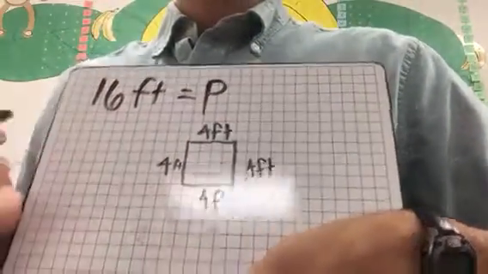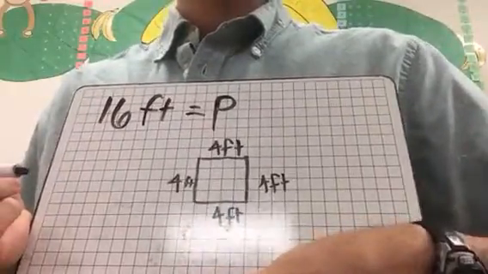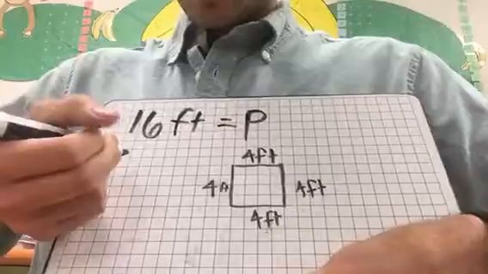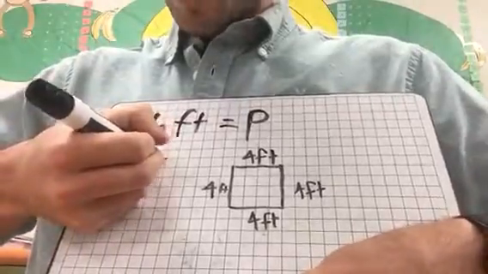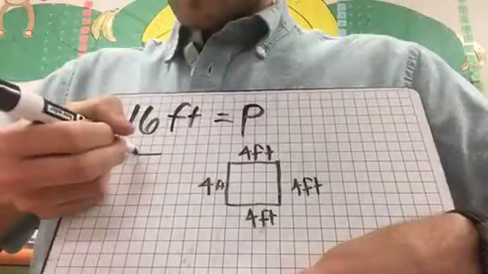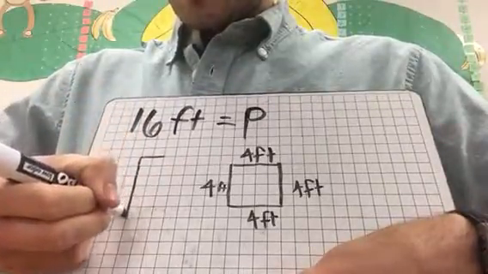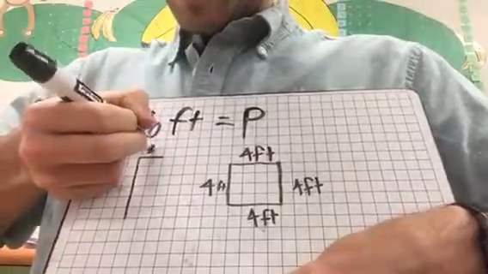If I was going to make a different rectangle that also has a perimeter of 16 feet, it could look like this. 1, 2. 1, 2, 3, 4, 5, 6. We've got 2 feet.